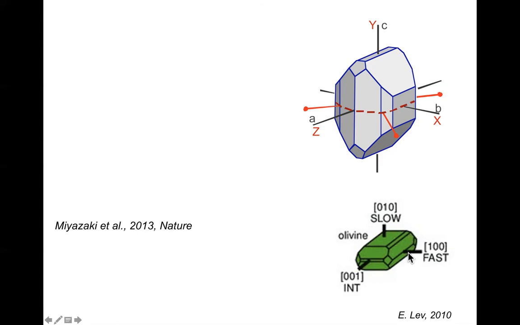So if you take a look at this drawing of the olivine, and you notice that we have the Miller index 100, and here we have the 010 Miller index as being our slow wave direction. You might think about how this lower drawing corresponds with the upper drawing. And hopefully you will have noticed that the 100 direction, the fast direction, corresponds with waves traveling along the A-axis.